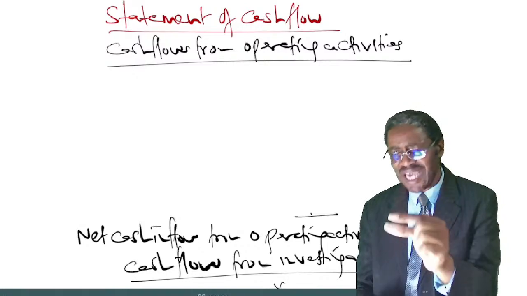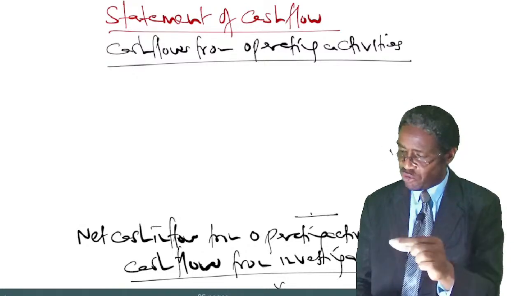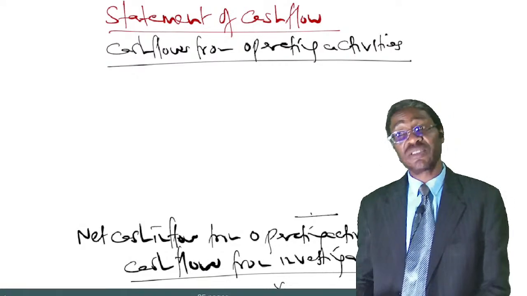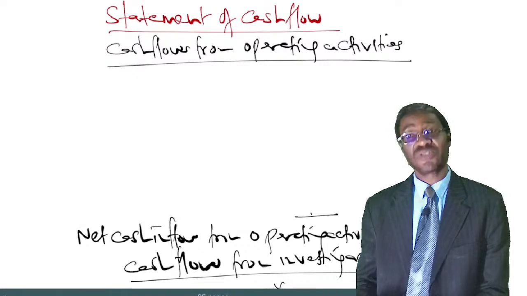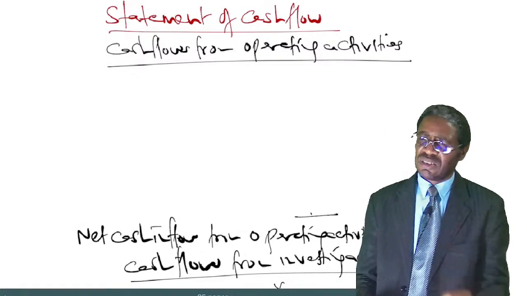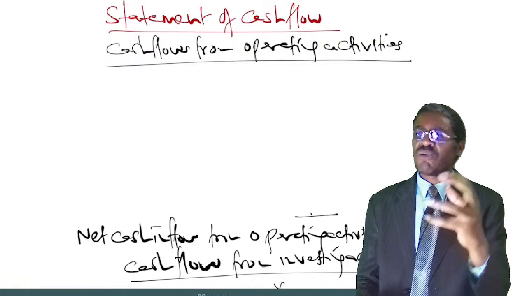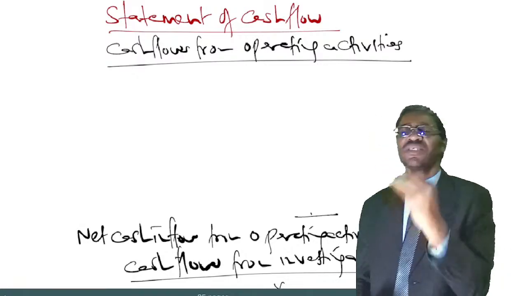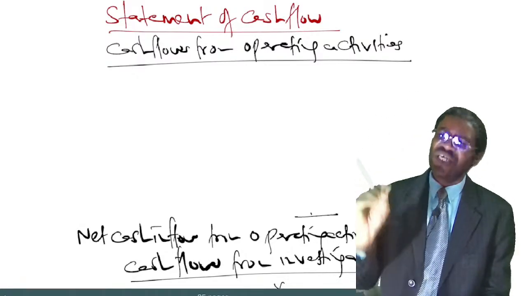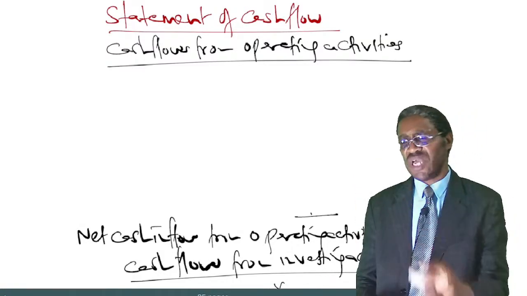So what is the net cash flow from all our operating activities? All those transactions that were used in the determination of profit during the year, how much were their cash flows?